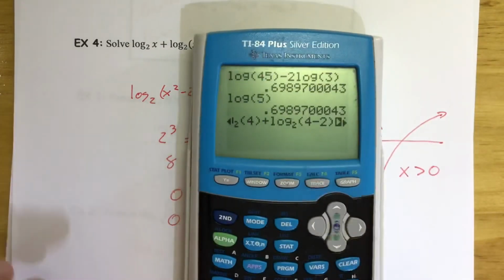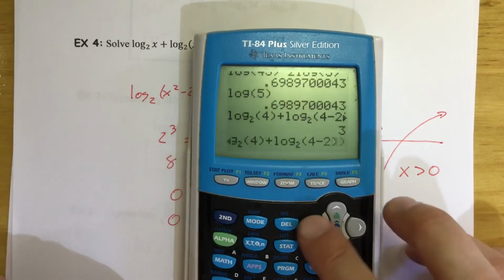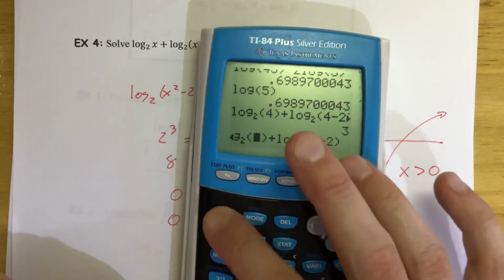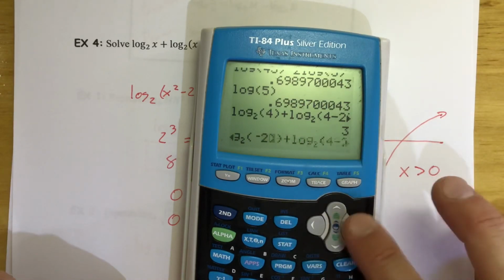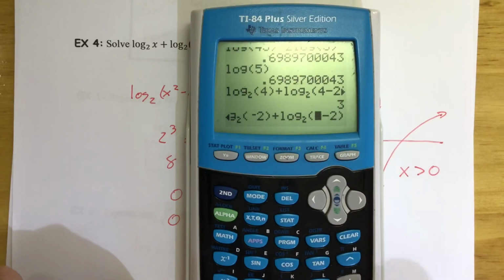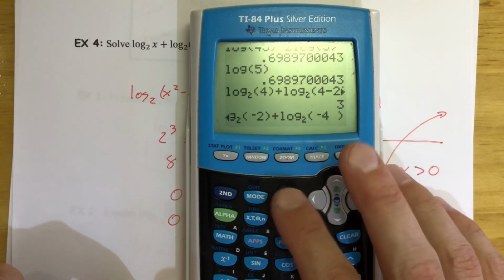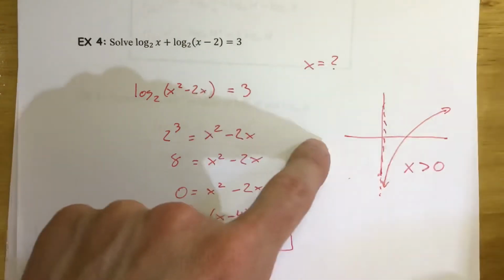See if we get a 3. And you get a 3. Try that with -2. Yep. Altogether that would be -4 anyway, so just -4, and it doesn't make sense because it doesn't fit the domain.